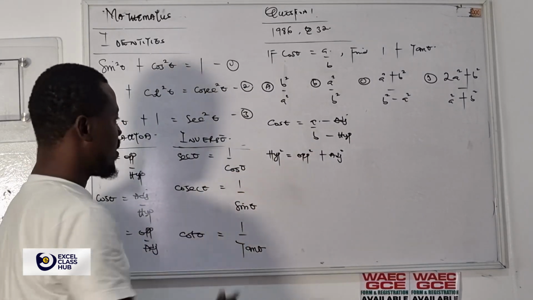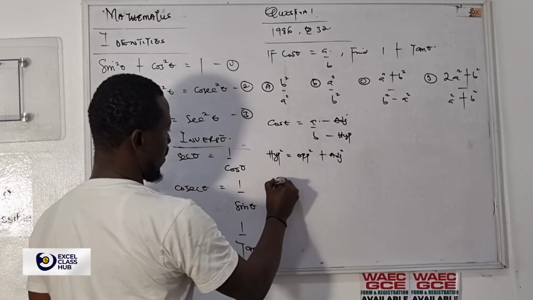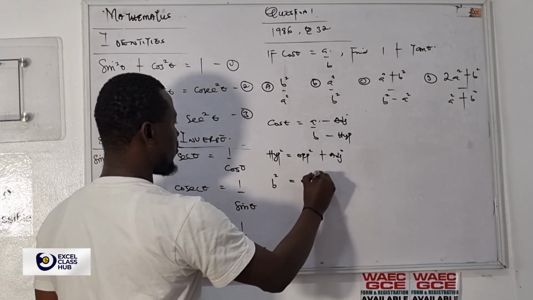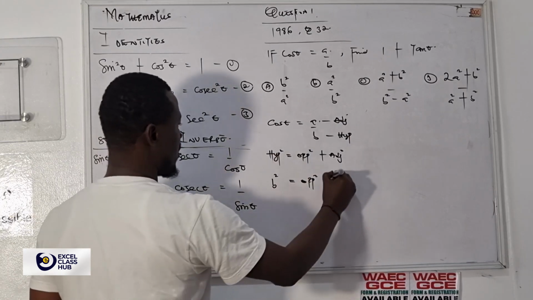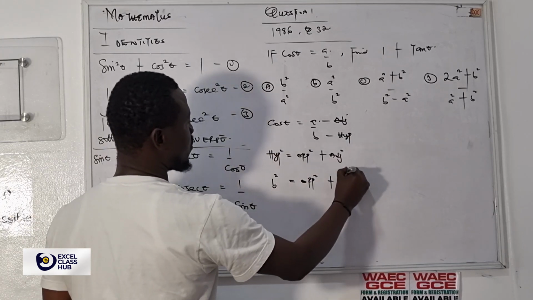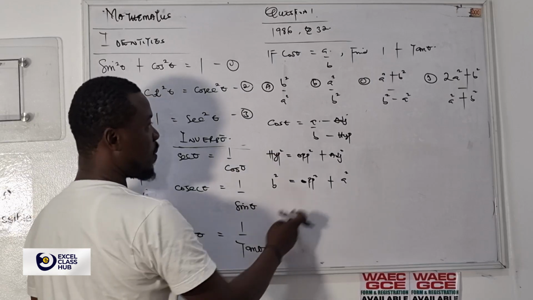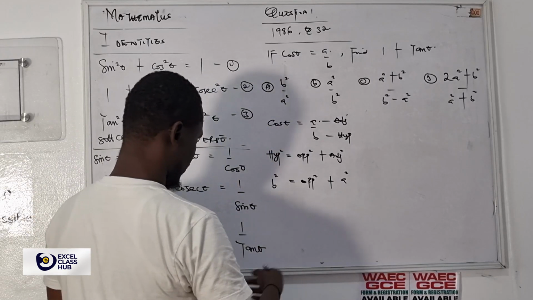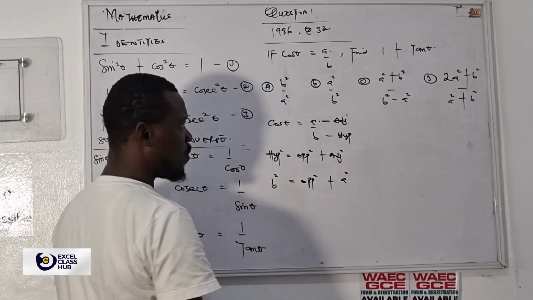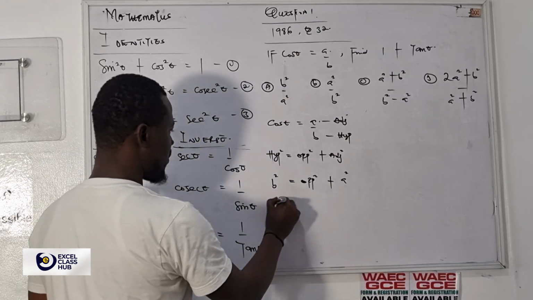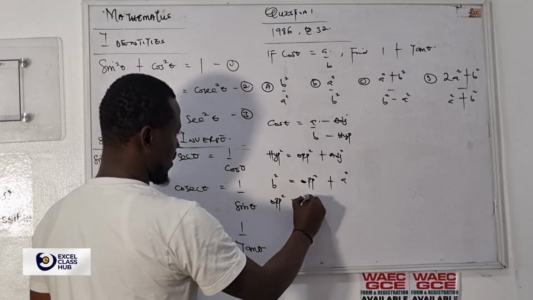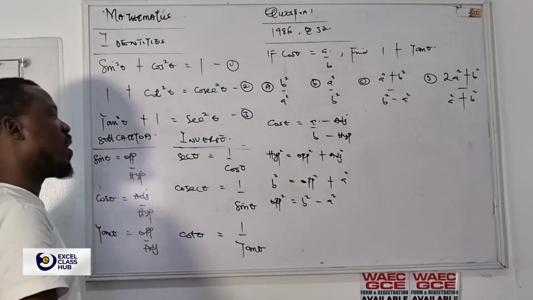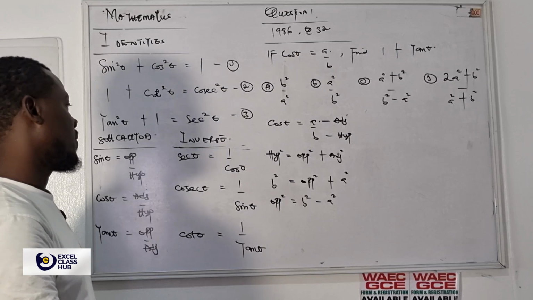B. I substitute this as B square equals, I don't know, opposite square, plus my adjacent, which still remains as A square. So this is the opposite I'm looking for. If I'm looking for opposite now, I can collect the like terms, which means opposite square should be B square minus A square for my opposite.